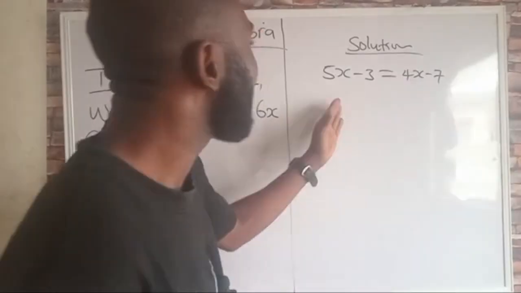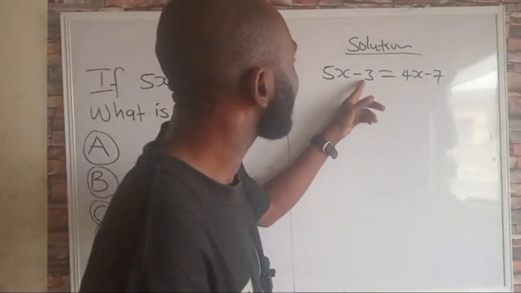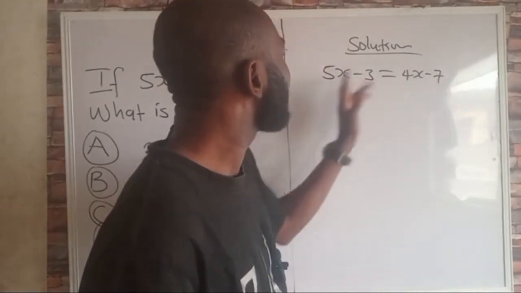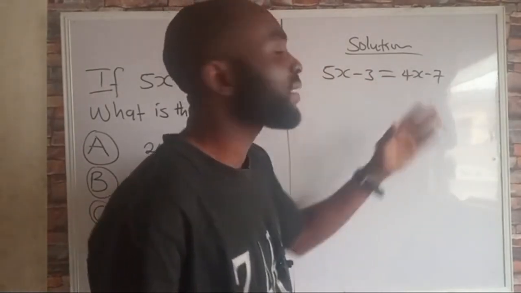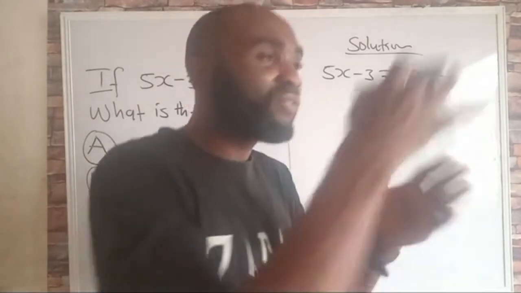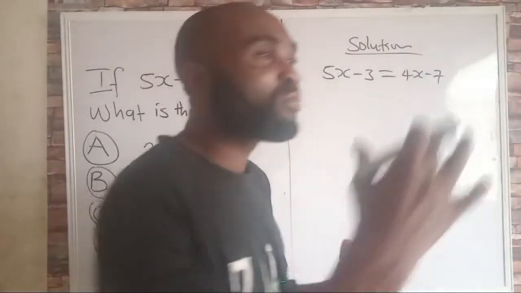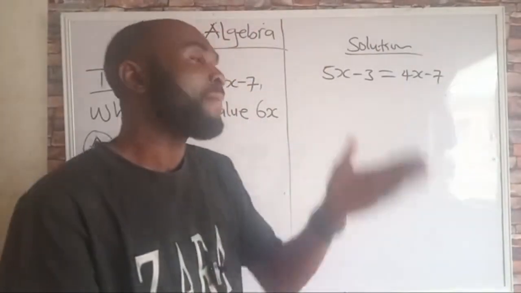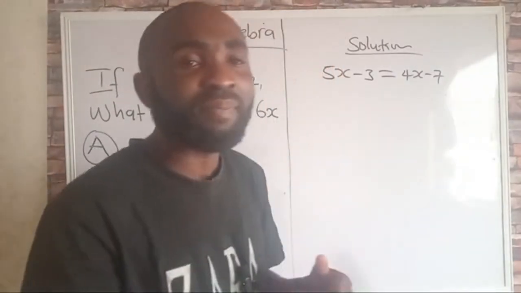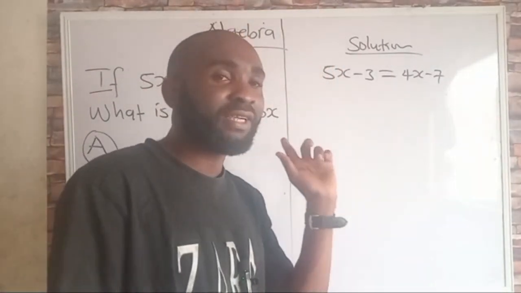So if you look at it, you see that we have minus 3, and we have minus 7. So 5x and 4x are positive. So if you try to move a Nigerian person from Ghana back to Nigeria, if the person was speaking Ghanaian before, the person will now speak Nigerian language.